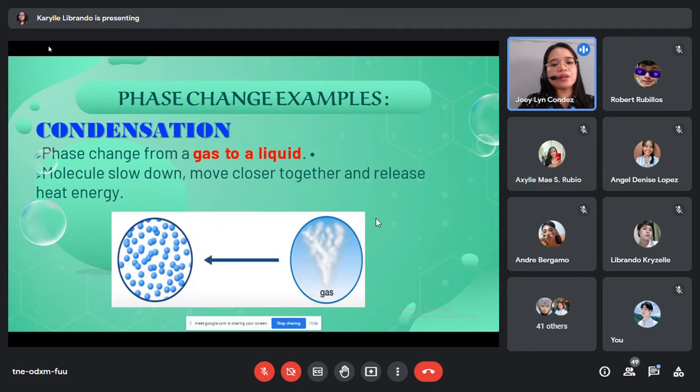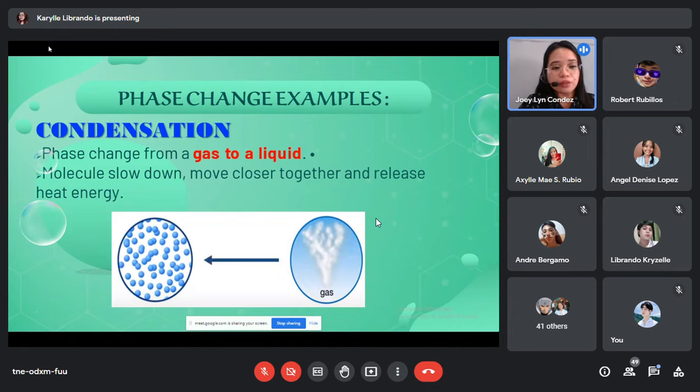For example, we have a gas or a water vapor. If the gas is exposed to cooler surroundings, it changes into liquid. We need to remove the heat energy, we need to drop down the temperature for the gas to change to liquid.